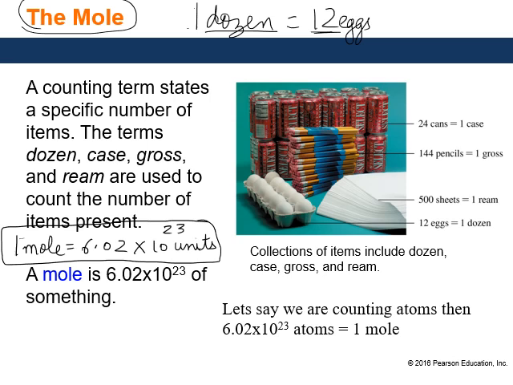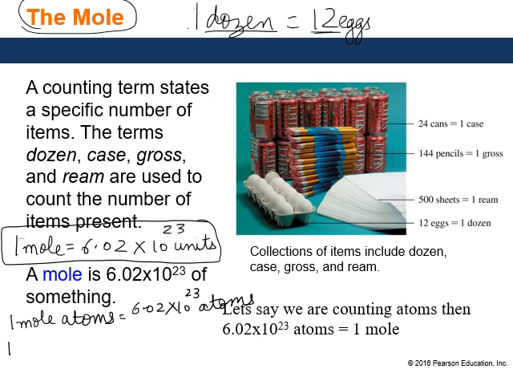What is important here is, remember, when I say 1 mole of something, you have these many of that thing. So if I say you have 1 mole of atoms, that means you have 6.02 times 10 raised to power 23 atoms.